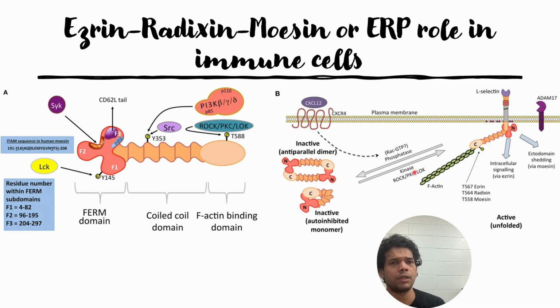And this L-selectin part we discussed in the previous video, where we discussed the different domains of L-selectin, and that it is a type 1 glycoprotein, with the N-terminus on the extracellular side and the C-terminus on the intracellular side. So basically this ERM interacts with this C-terminus region, thereby helping in the intercellular signalings.